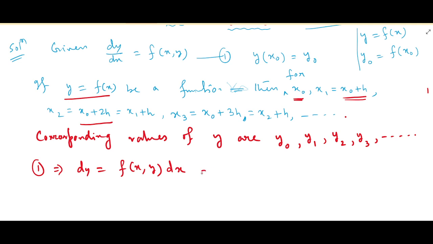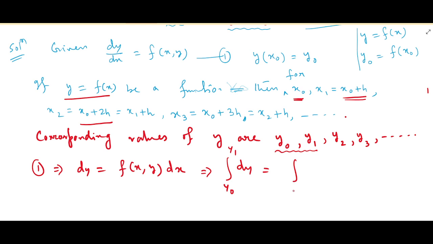Now if we integrate this particular y between the limits y0 to y1, which means we are taking the first two values, integral of dy from y0 to y1, then what will be our right hand side?